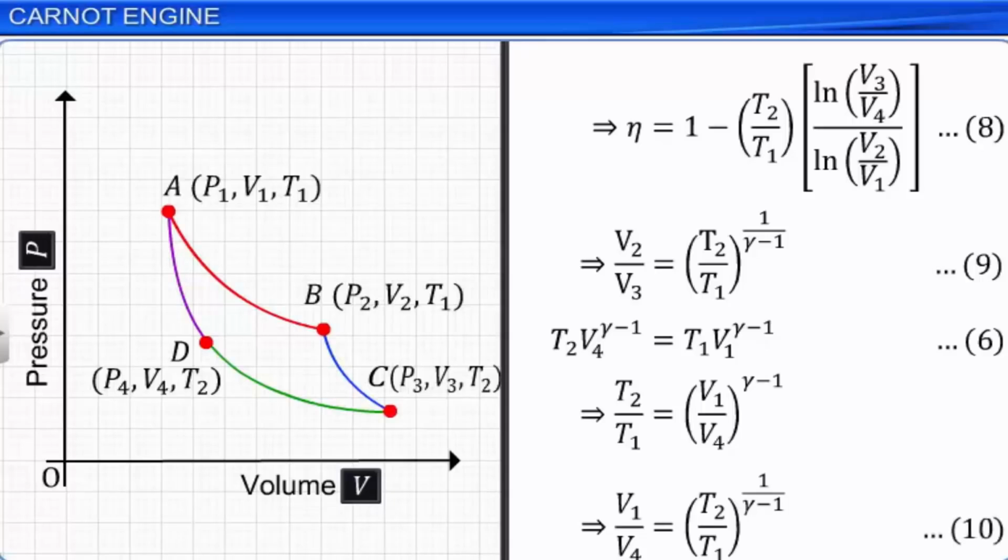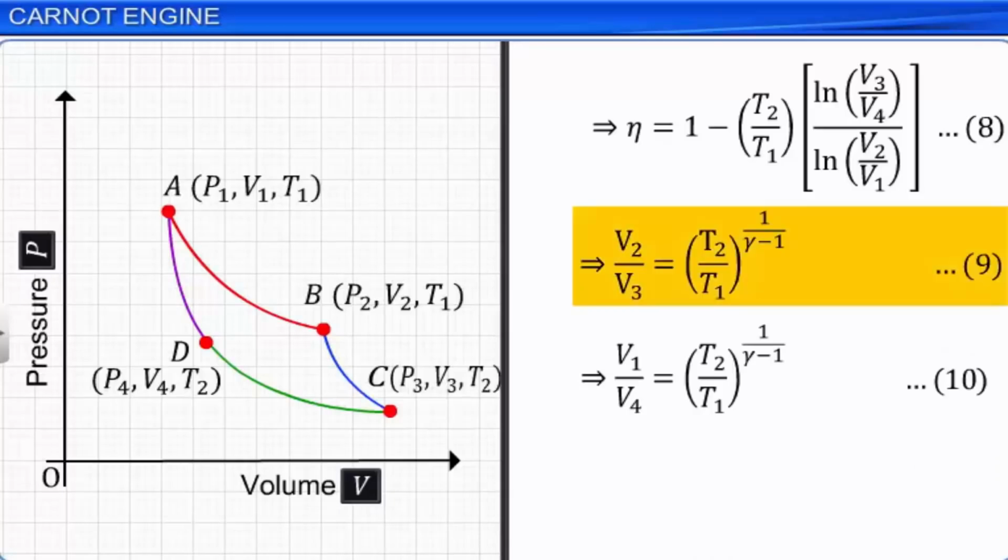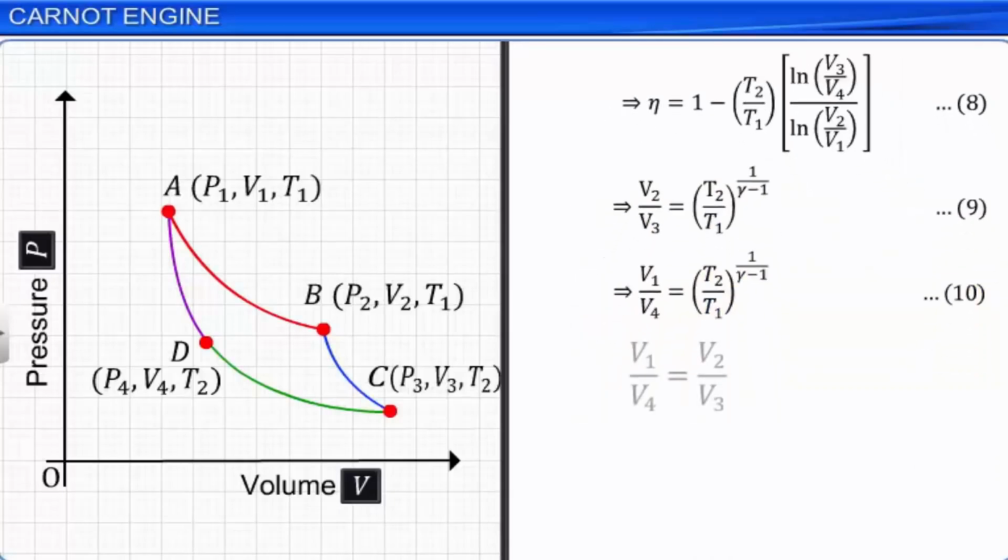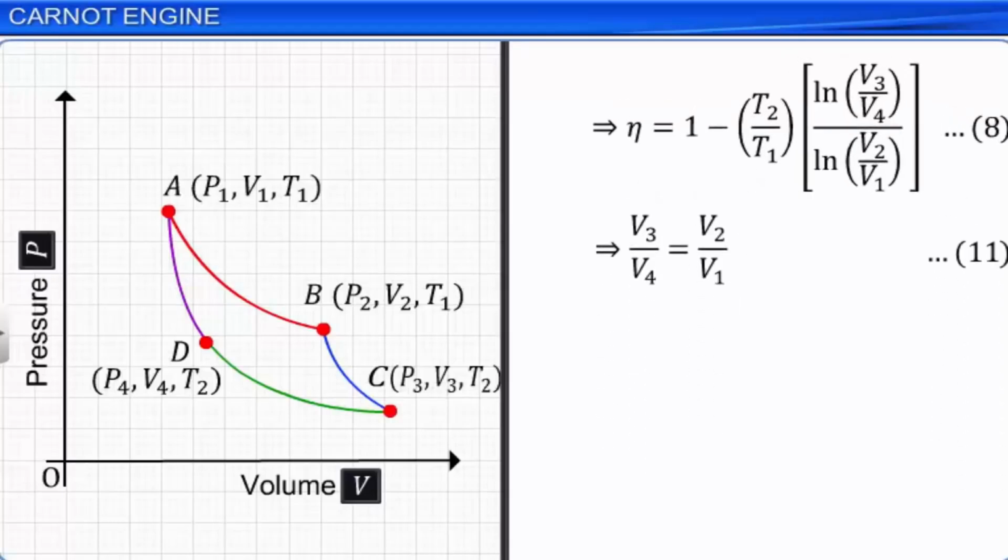Let this be equation 11. From equations 8 and 11, we get eta is equal to 1 minus T2 by T1. Let this be equation 12. Hence, the efficiency of the Carnot engine eta is equal to 1 minus T2 by T1.